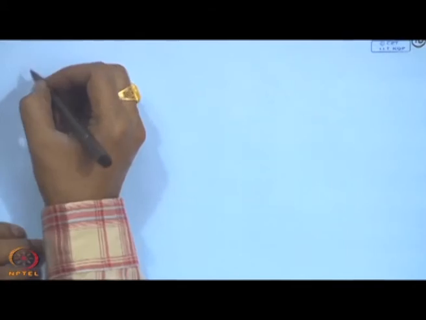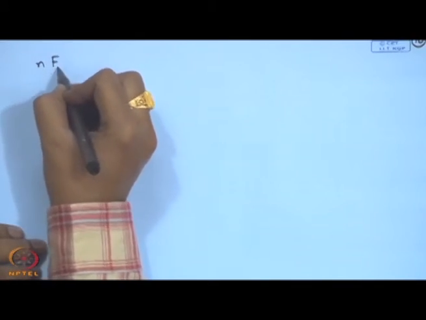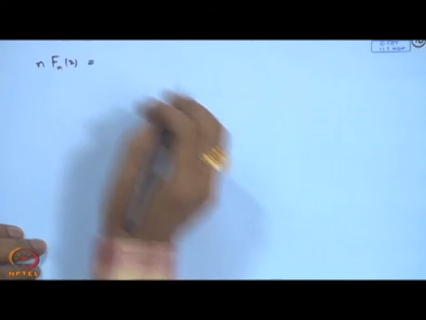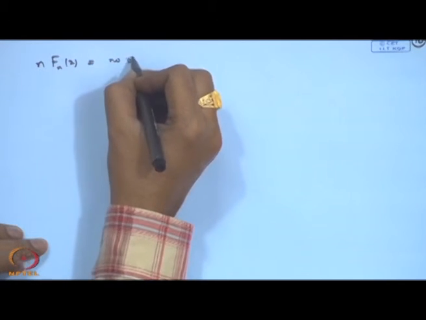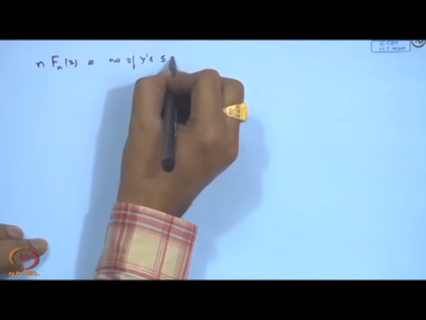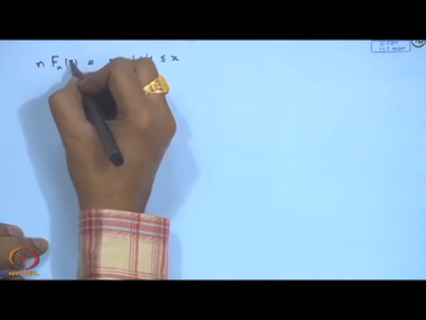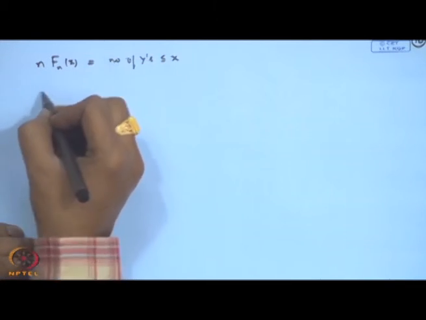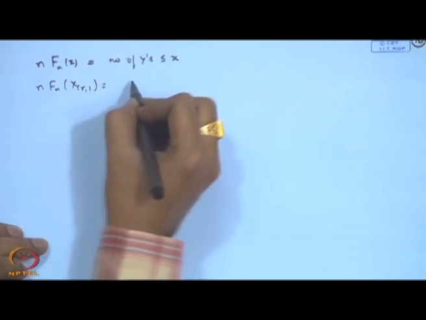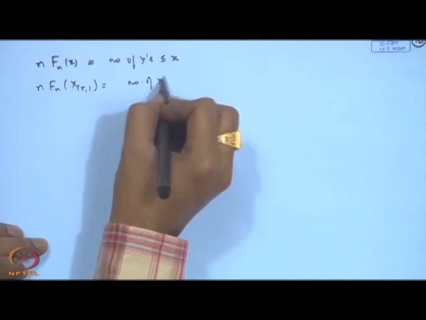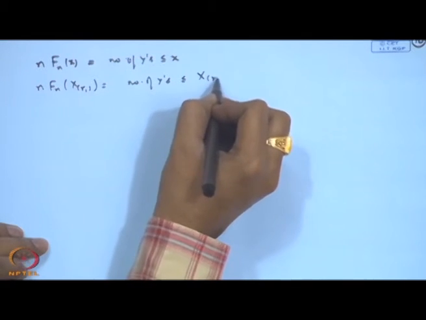So, let us consider n times F n x, that is equal to the number of y's less than or equal to x. Then we can consider n times F n of x R 1, that is equal to the number of y's less than or equal to x R 1.